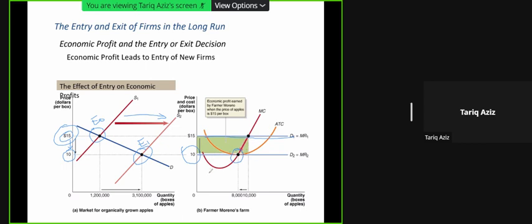The point where MR cuts MC is the optimal point. So this is the point. Initially, this farmer was selling 10,000 units. 10,000 units at what price? At $15.